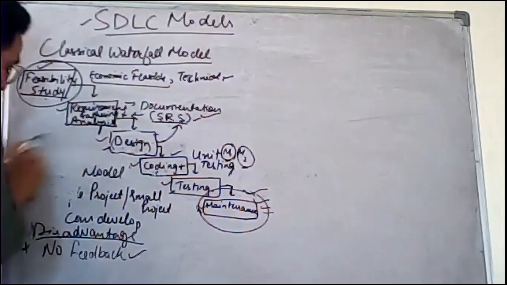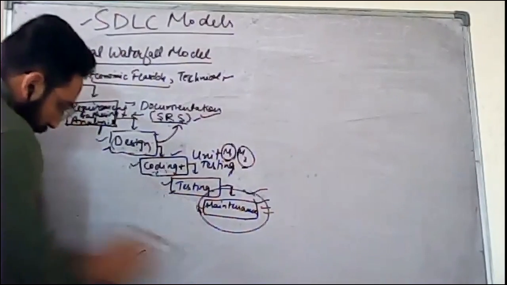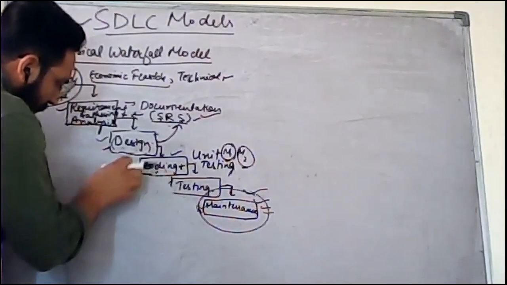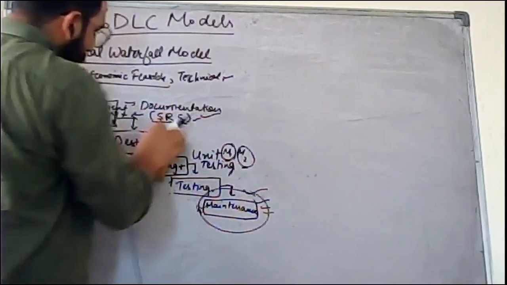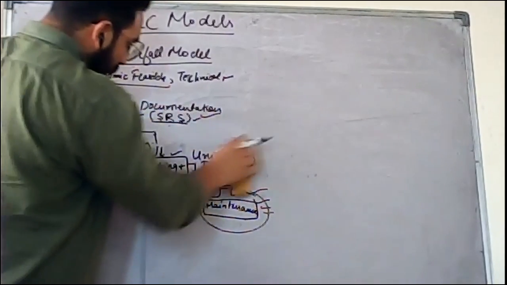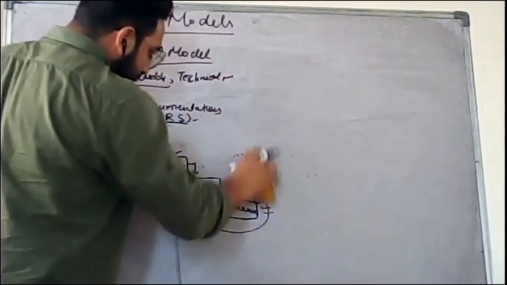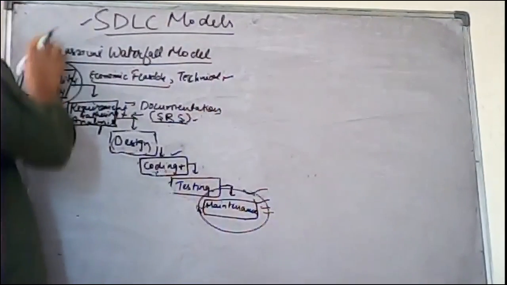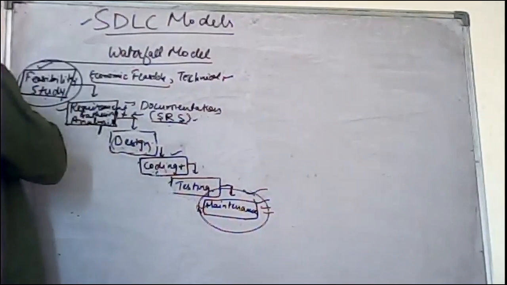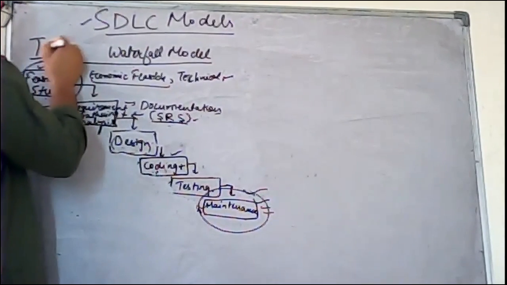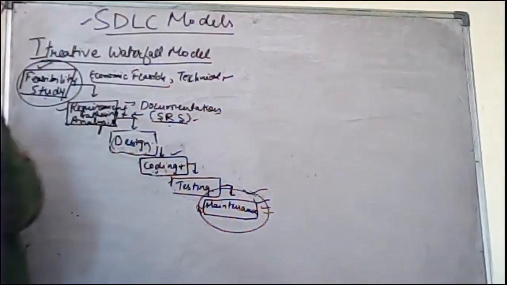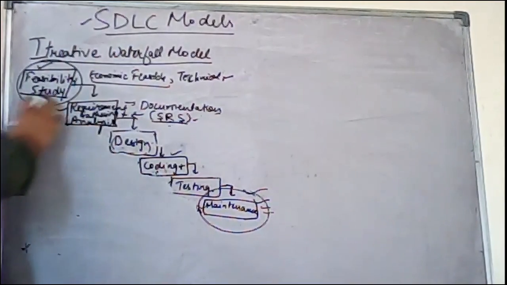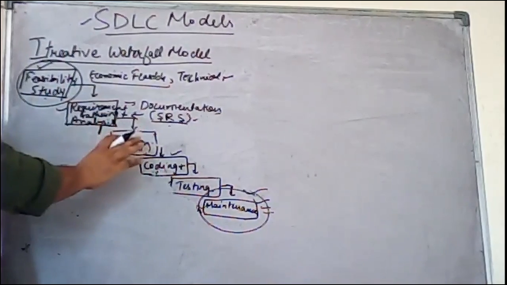I will draw the model. There is a small change in it: only iteration is added, and that is why the name is iterative waterfall model. The phases are the same.